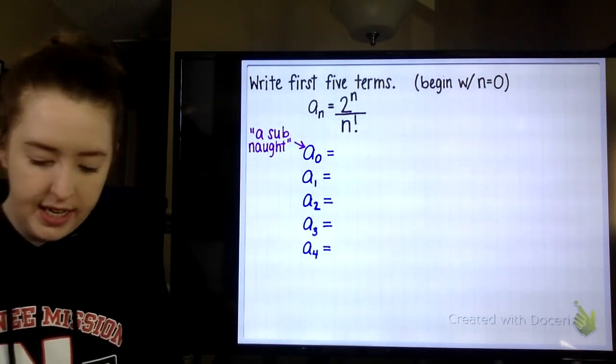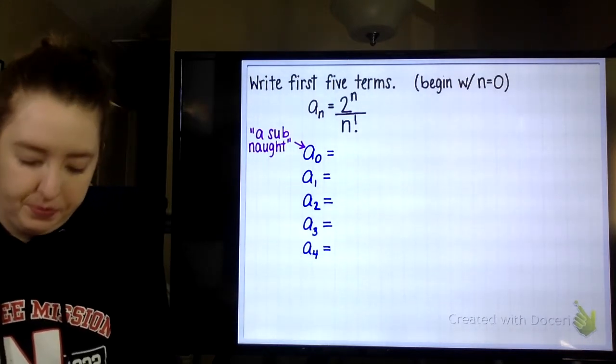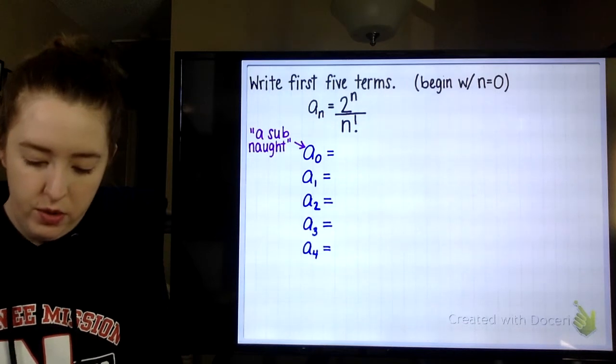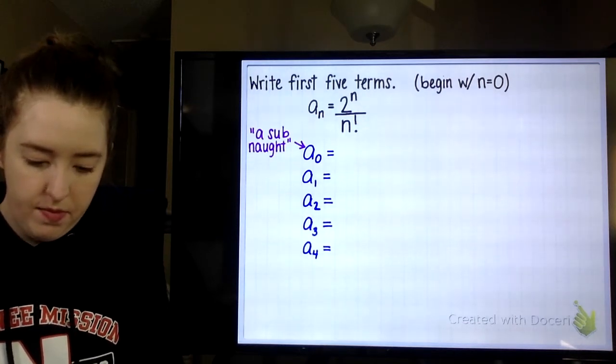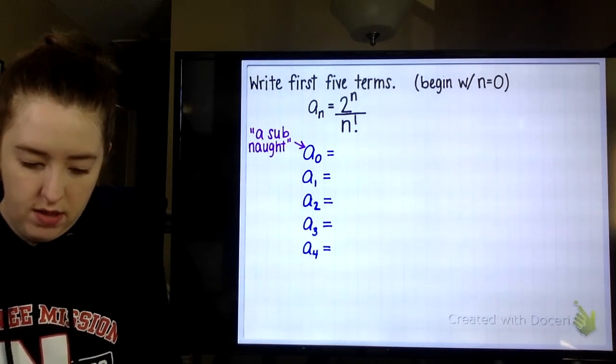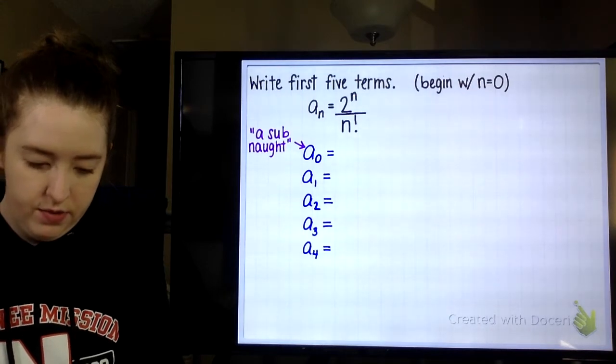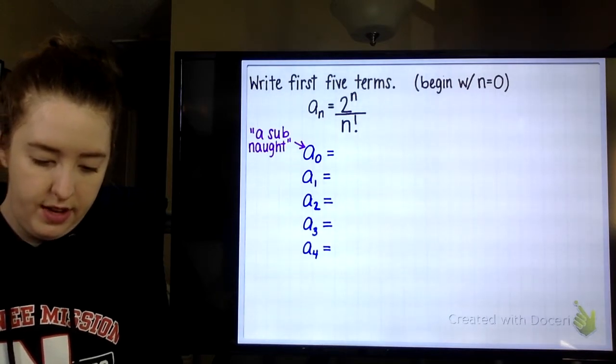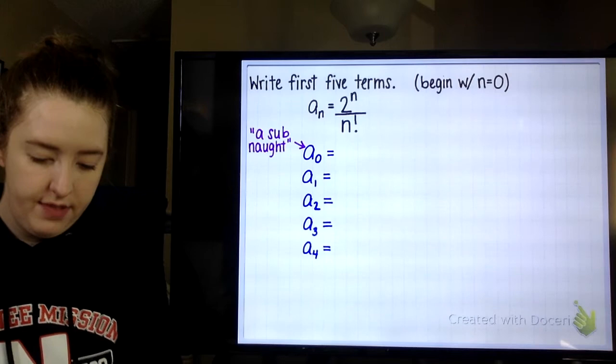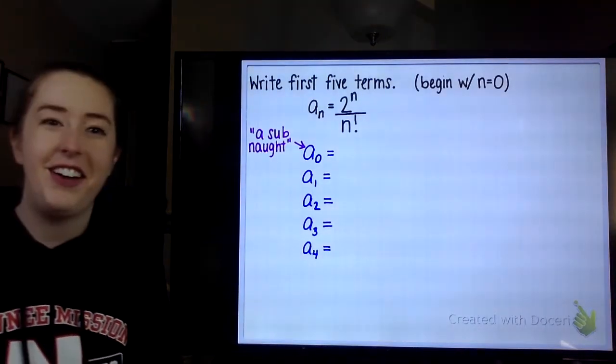So now we'll go to second graph to get to the table, and I'm going to enter 0, 1, 2, 3, 4, 5. Oh, I didn't need to go to 5. Oh well.